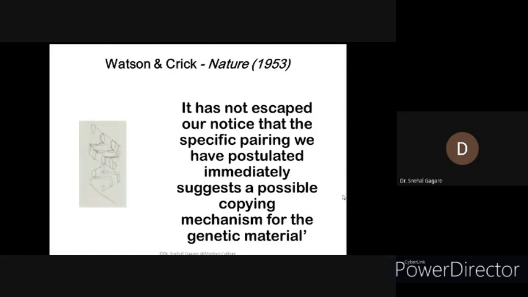And when they proposed this structure of DNA to be double helical, using the evidence and information from Chargaff's rule and from the X-ray crystallographic studies, they had also postulated that because of the complementary nature of DNA, because the two strands are complementary, there might be a mechanism for copying the genetic material.